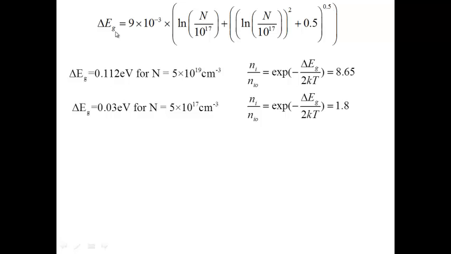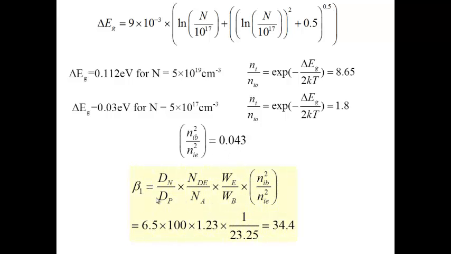Therefore my effective band gaps in the emitter and the base are different, which results in Ni in the emitter being significantly higher compared to Ni in the base. So if I look at these two, Ni in the base divided by Ni in the emitter, whole square, turns out to be 0.043.